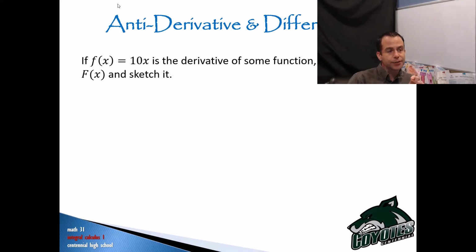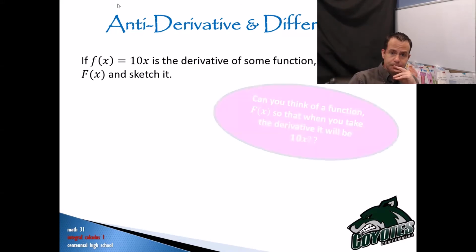If that 2 has to get multiplied by something to get 10, what was the initial coefficient on that x squared? It had to have been a 5. So it's going to have to be 5x squared. The derivative of 5x squared would be 10x.